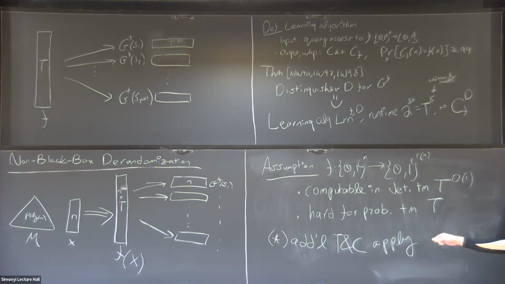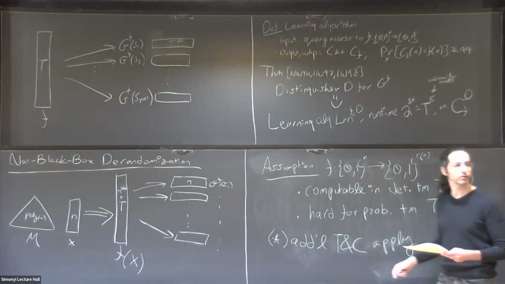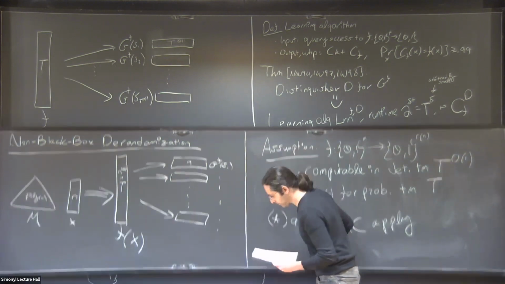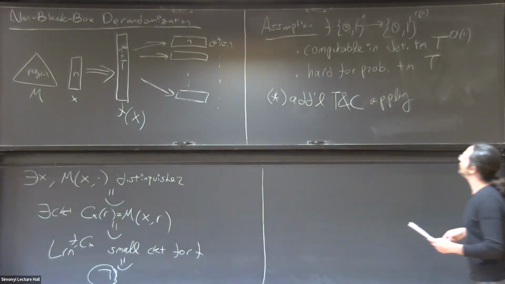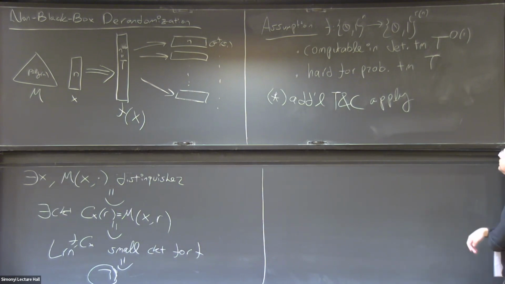Any other questions about this? All right. This r is not one bit, it's the output. As opposed to the function just being Boolean?